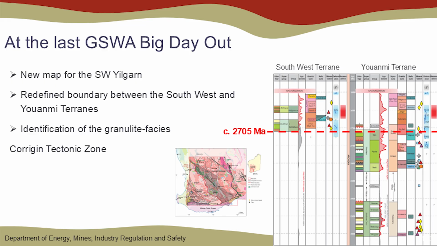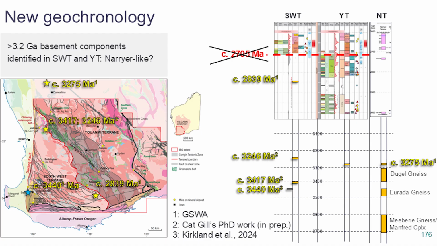However, we knew from unpublished geochronology data and from the isotopic data as well that there was likely some really old basement components in the southwest terrain. So we now have a more robust geochronology for the southwest terrain, and it shows that we need to update that time-space plot that I was showing on the previous slide.